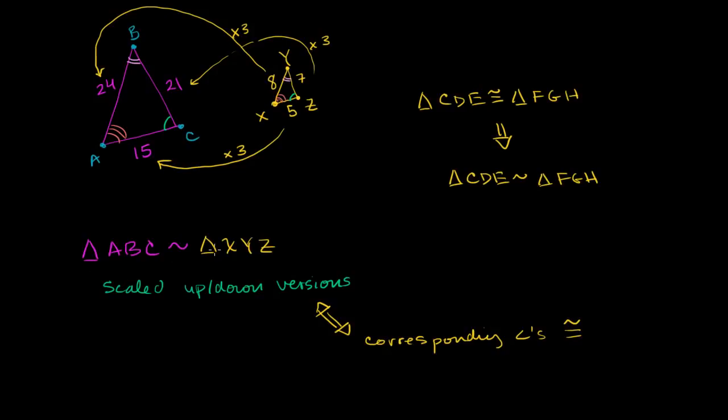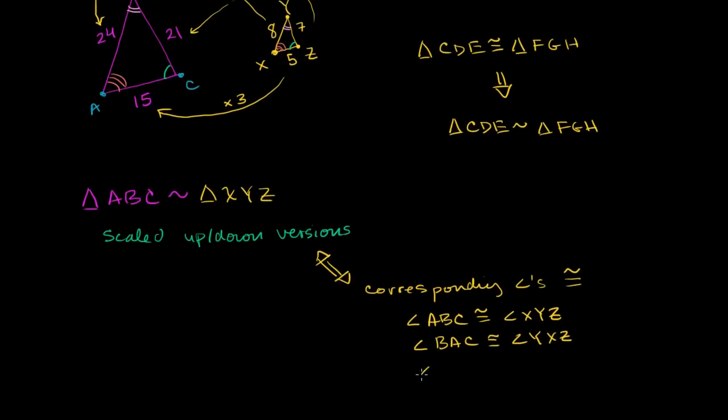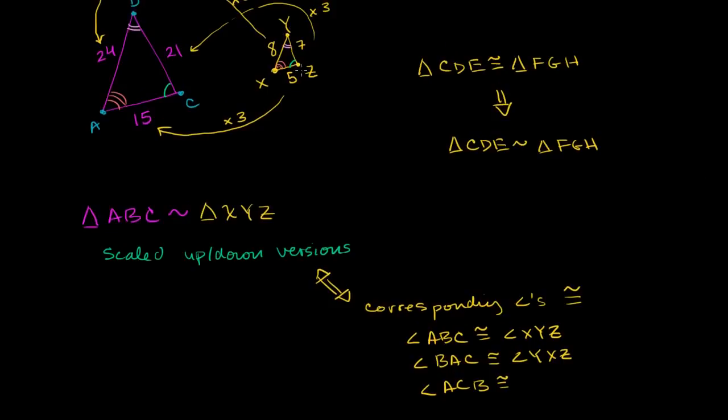So if we say that triangle ABC is similar to triangle XYZ, that is equivalent to saying that angle ABC is congruent, or we can say that their measures are equal, to angle XYZ, that angle BAC is going to be congruent to angle YXZ, and then finally angle ACB is going to be congruent to angle XZY.